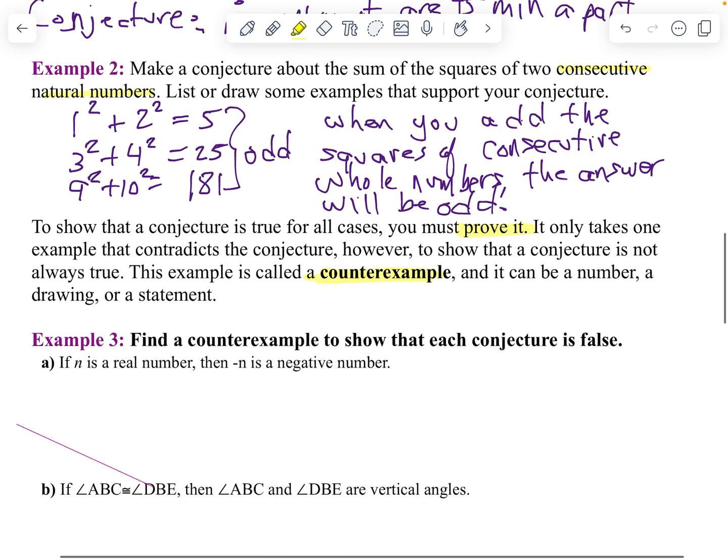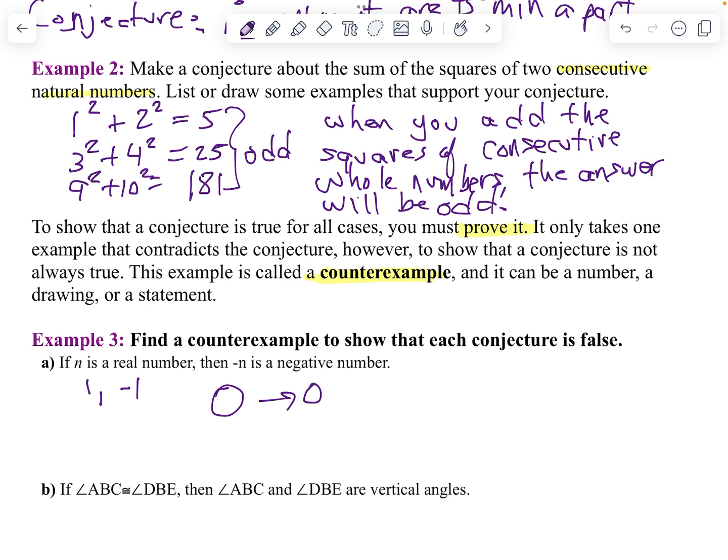So let's take a look here. My conjecture is if n is a real number, then negative n is negative. Well, at first you're thinking, hey, that's true. Because if I go 1, negative 1 would be negative. But what about 0? 0, the opposite of 0 is 0, isn't it?